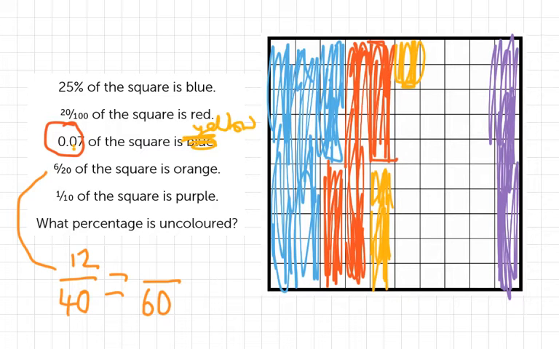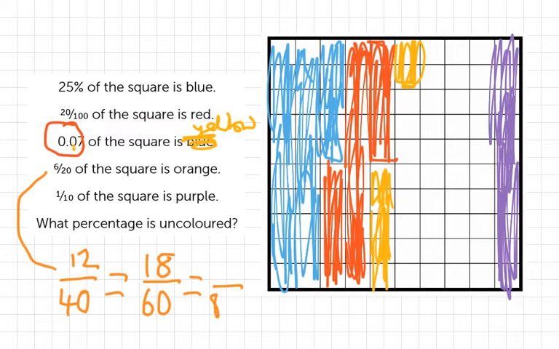So I've counted 6 was 20, 12 was 40. If we're using our same multiplications, we're going up in 20s along the bottom and 6s along the top. 20, 40, 60, 6, 12, 18. That's 60.